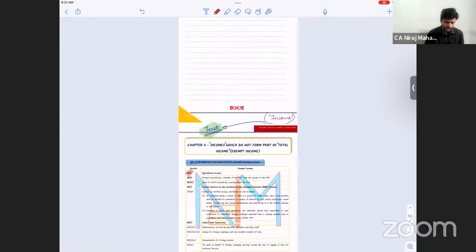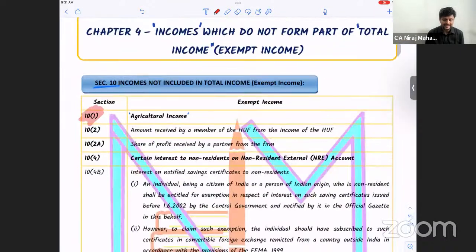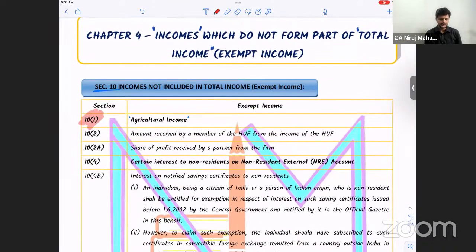Write down in a notebook. First and foremost, we have to understand what's the difference between exemption and deduction. Okay, ready?